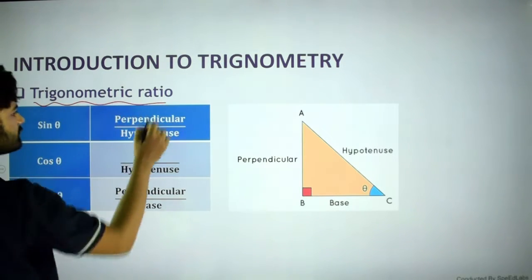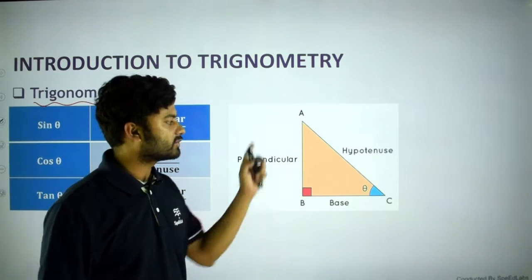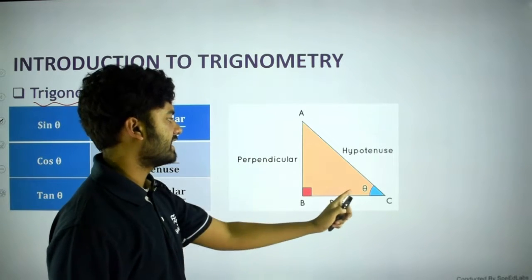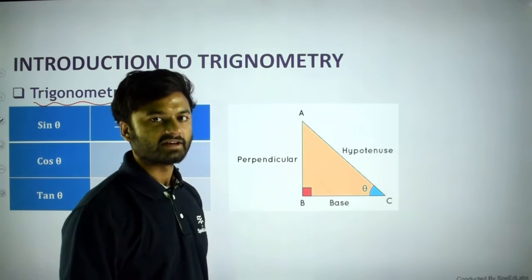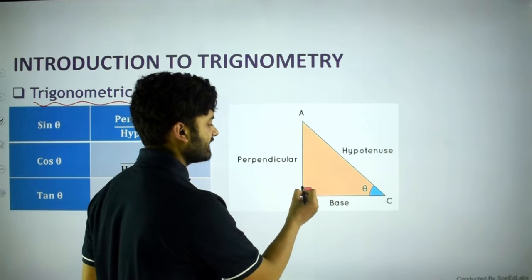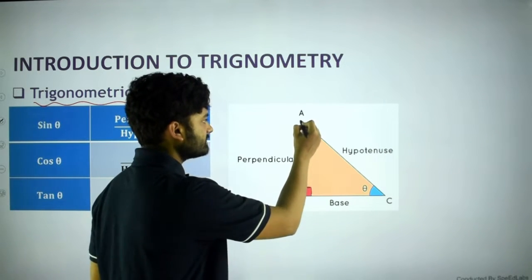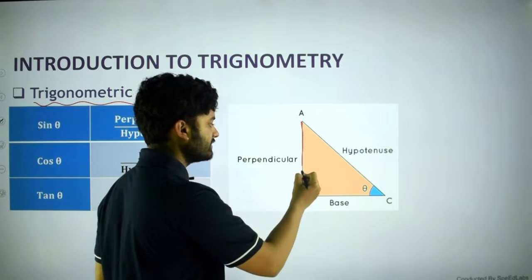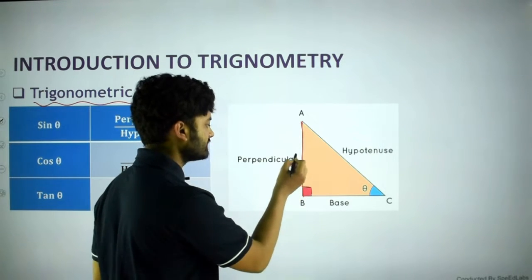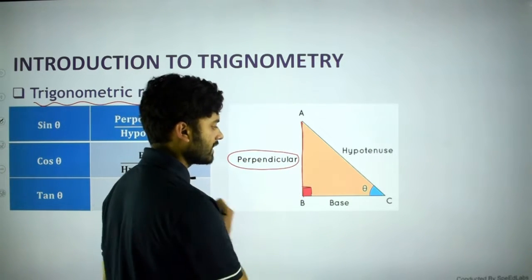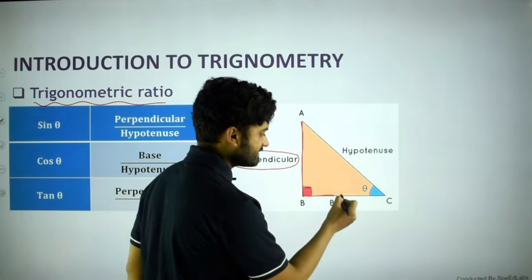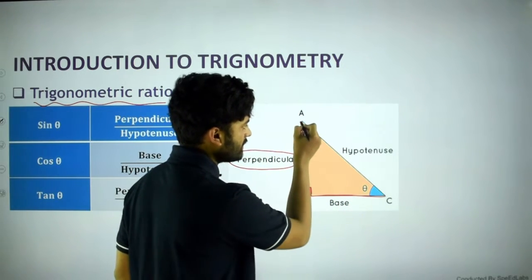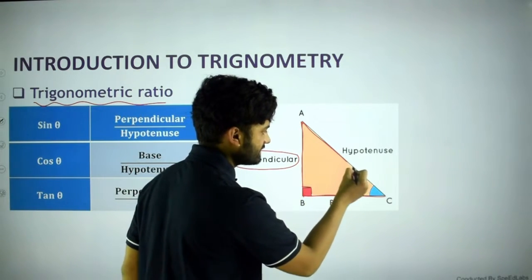Basically trigonometric ratios are different ratios. First we will come to a triangle. Let's say we have a triangle like this, ABC is a right angle triangle, and the right angle is at B. This particular side on which this angle is made is known as perpendicular. Now this is known as base, and this longest side of the triangle is known as hypotenuse.